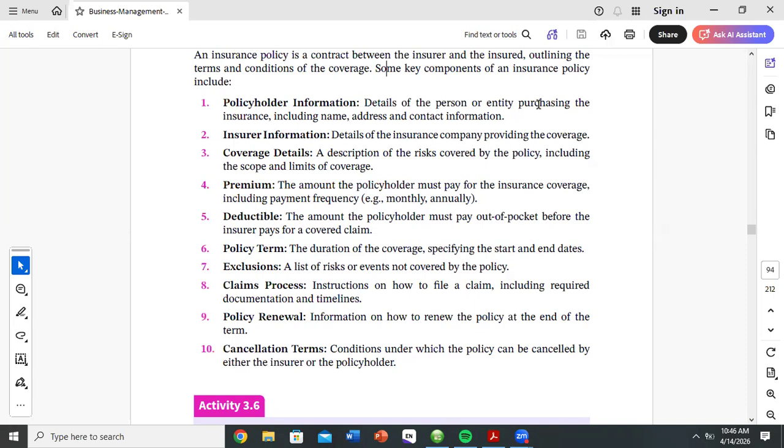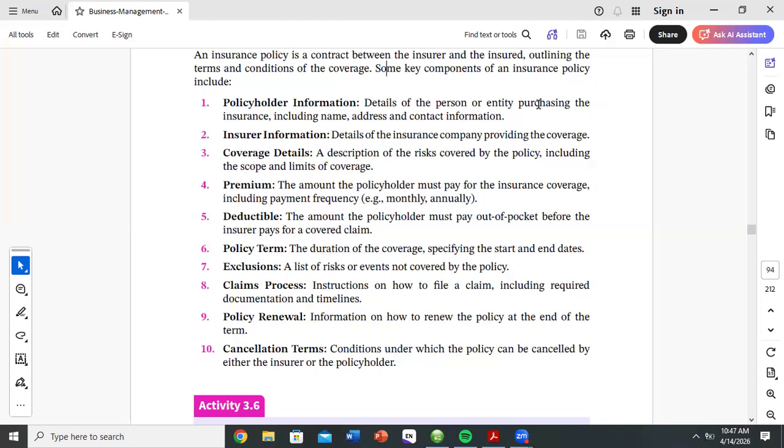So you can tell how much in total the insured is supposed to pay under the contract. Like the example I gave, if the insurance is for 5 years and I'm paying 20 cedis a month, a year is 20 cedis times 12 months, that's 240, times 5.